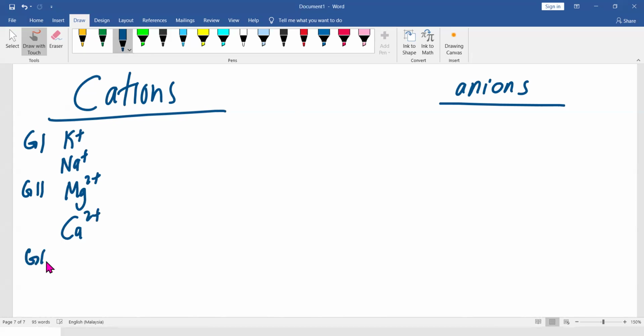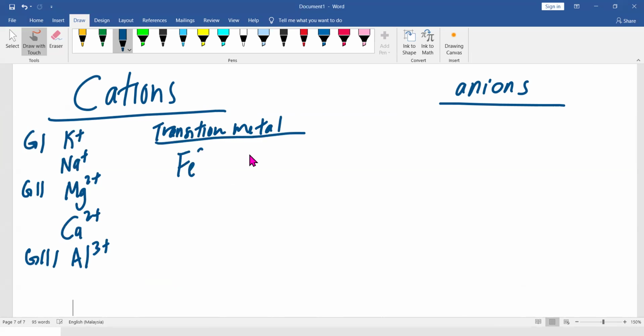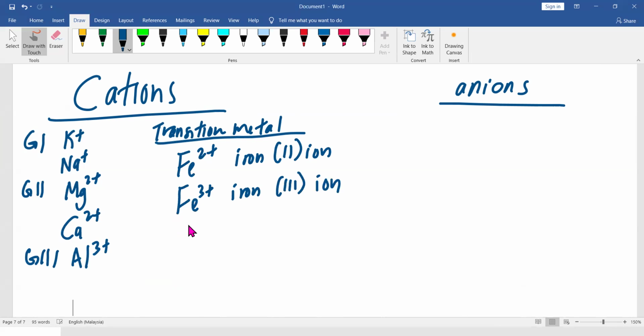Group 3: aluminium. The ones in the middle are called transition metals, so there are special ones. Sometimes it is Fe2+, called iron(II) ion. Then there is Fe3+, iron(III) ion.